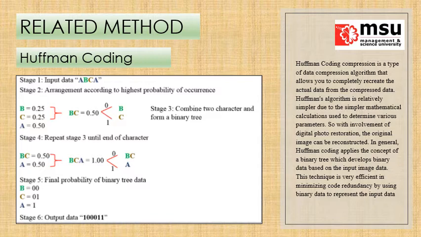So, with the involvement of digital photo restoration, the original image can be reconstructed. In general, Huffman coding applies the concept of a binary tree which develops binary data based on the input image data. This technique is very efficient in minimizing code redundancy by using binary data to represent the input data.